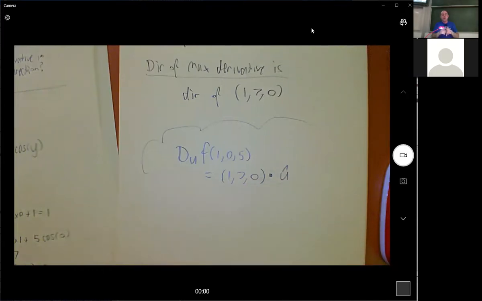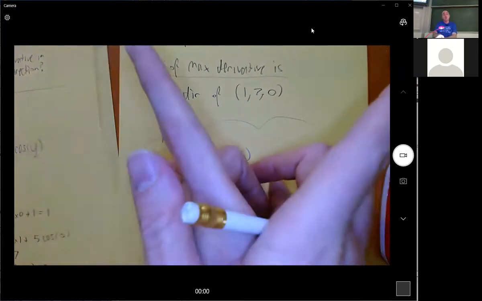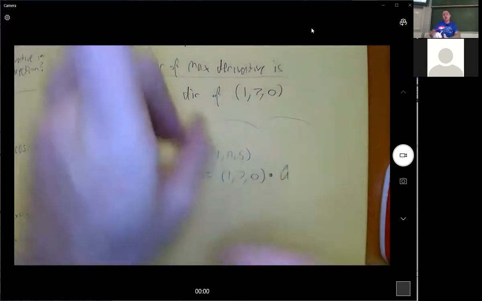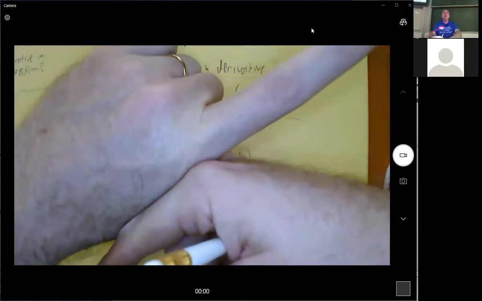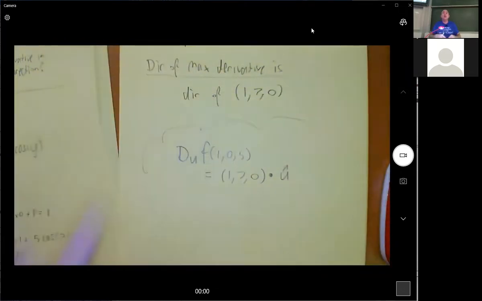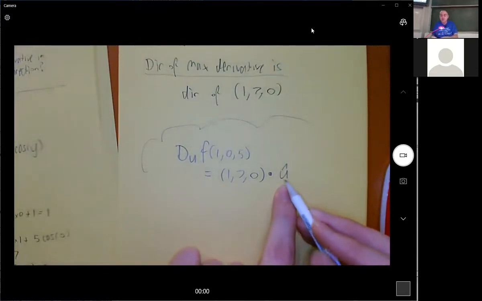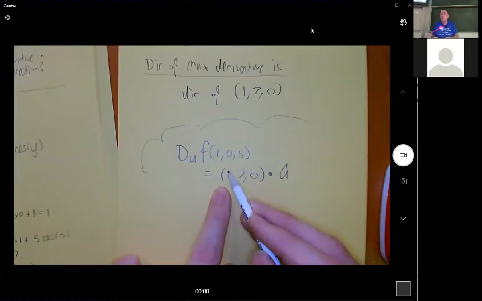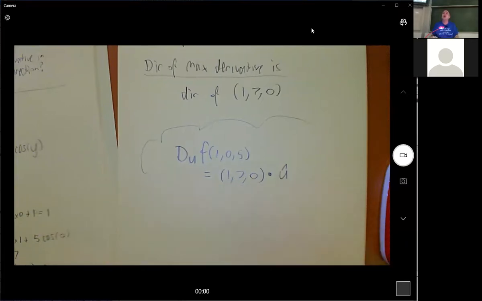And if two vectors are pointing in the same direction, the dot product is the biggest it can be. And if they're at right angles, the dot product is 0. And if they're in opposite directions, the dot product is the most negative it can be. So if I want this answer to be the biggest answer it can possibly be, I need this vector to be in the same direction as this vector. That's why.